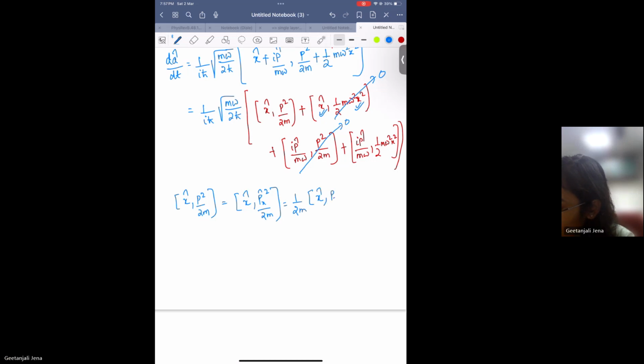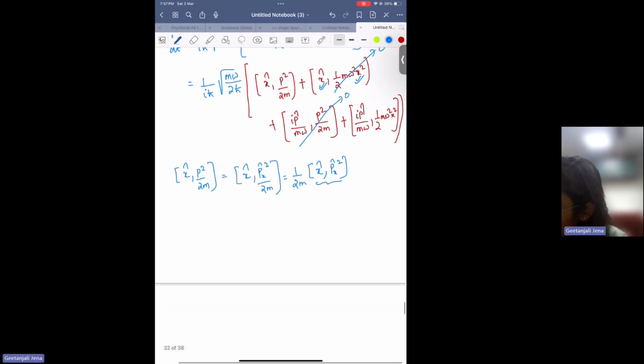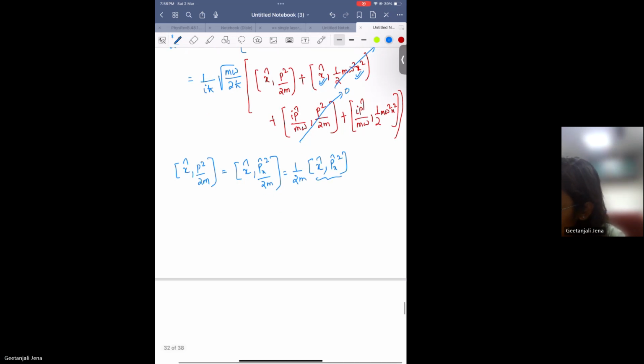This is x with px squared, so using the property of commutation relation, find out the commutation of x with px squared. This is nothing but 2iħ px. So this will be iħ px by m.